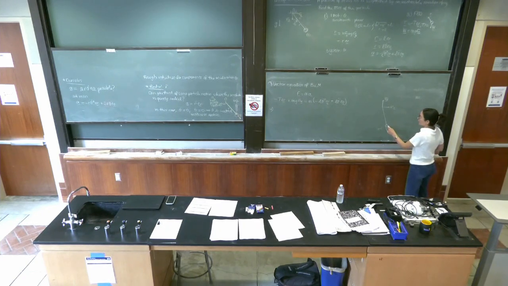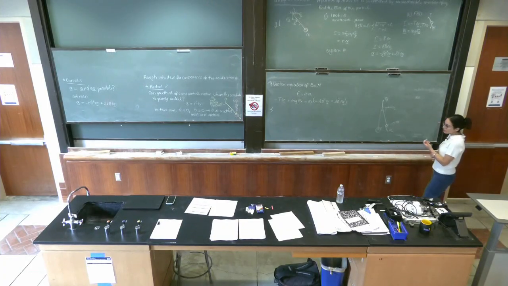No, like that, right? EX, EY, E theta. In this case, when the string is hanging vertically down, the angle theta is minus pi by 2. So you're oscillating about minus pi by 2 instead of oscillating about 0. So that's kind of why I chose EX, EY to be like that. Okay.